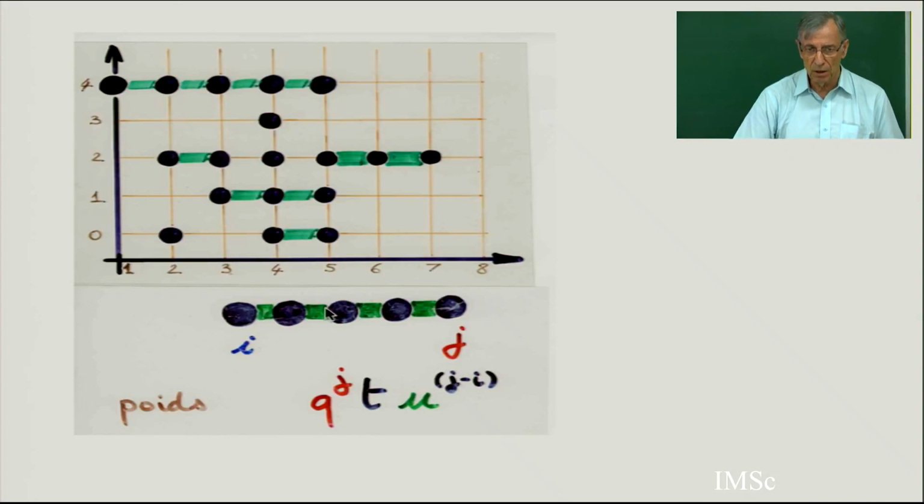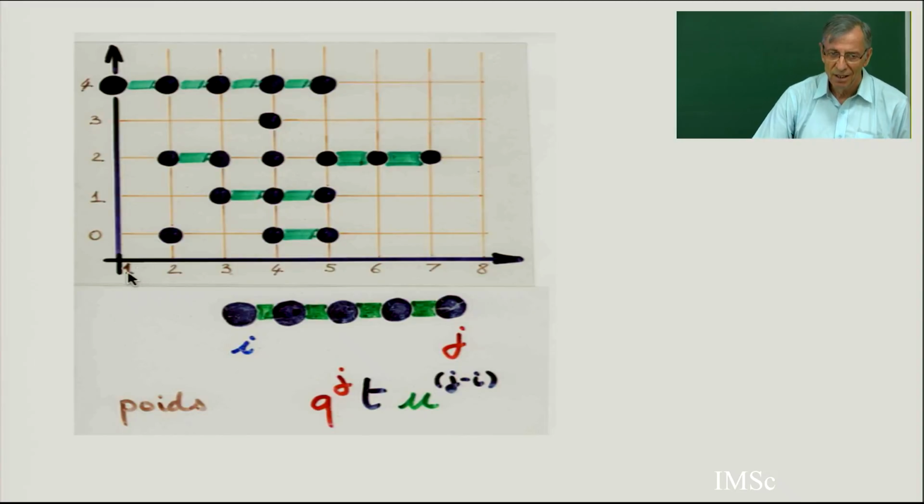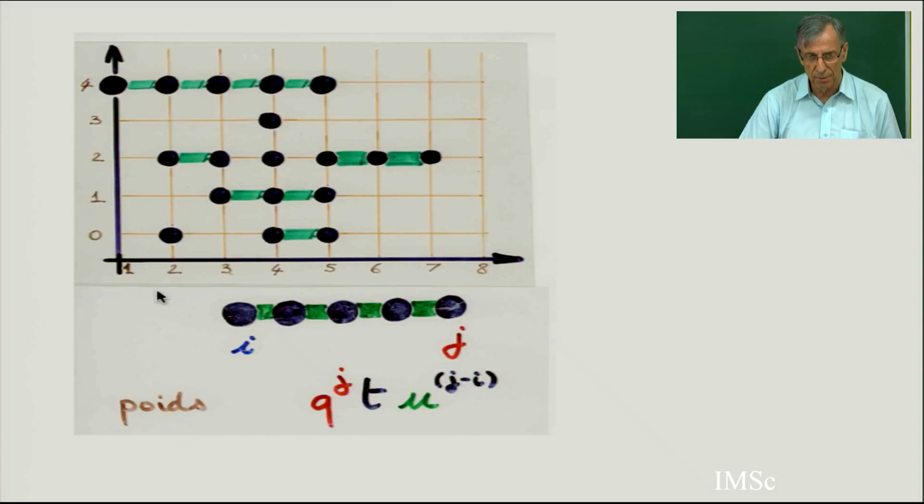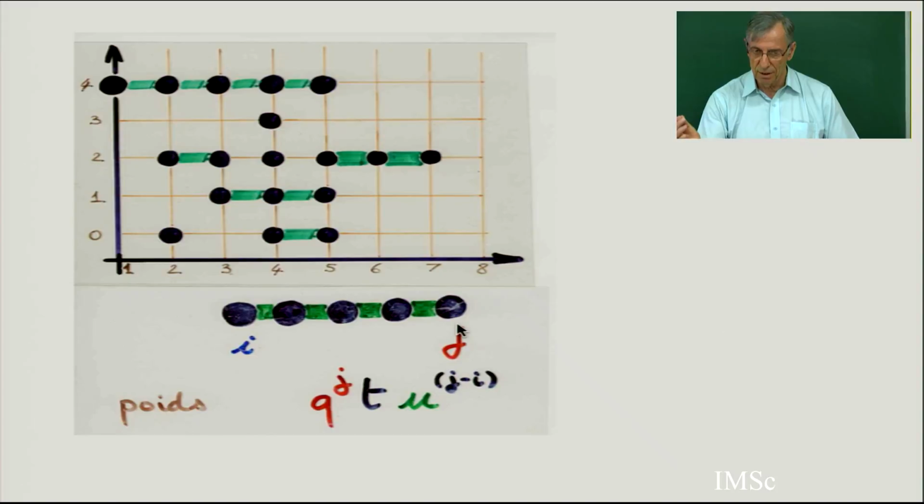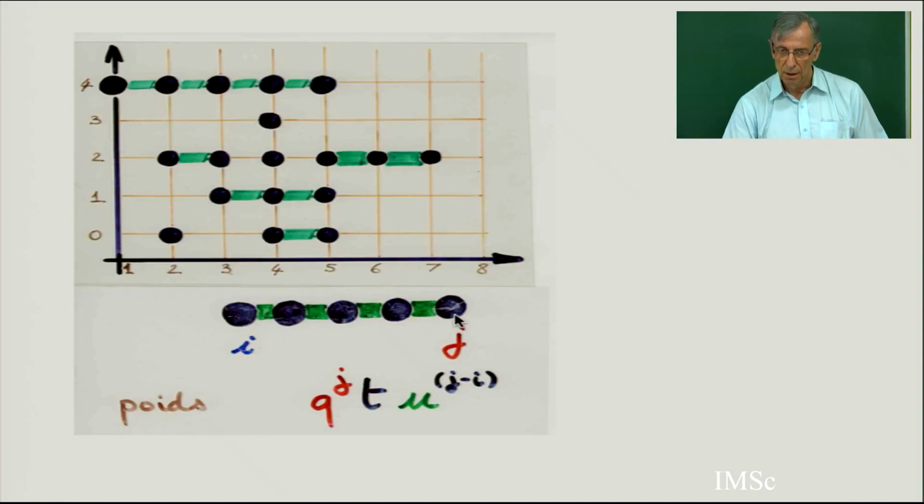And then I put a weight on my heaps by putting a weight on the basic pieces. So be careful, I start with 1 here. It's not starting at 0, it's 1, 2, etc., positive integers, for the heaps of segments. The weight of a segment (i,j) is q to the power j, so q to the power of the index of the rightmost extreme point of the segment, times t, so t is going to count in my heap the number of segments, and u to the power j minus i.